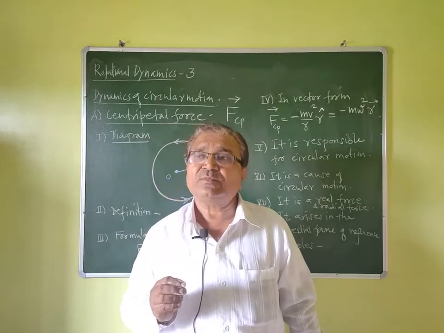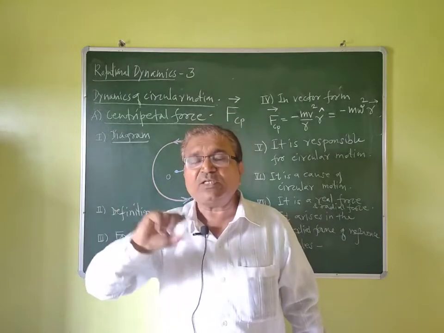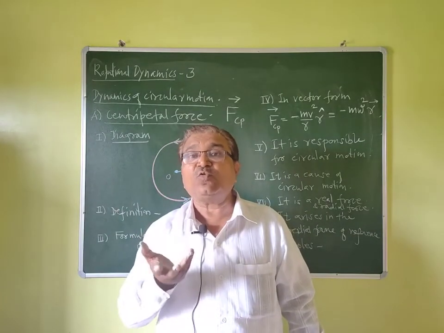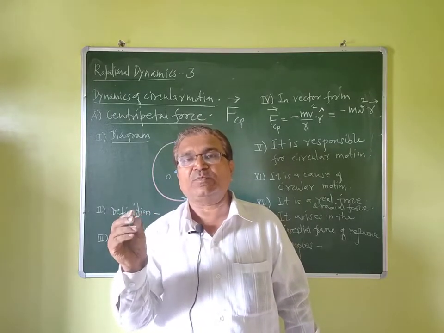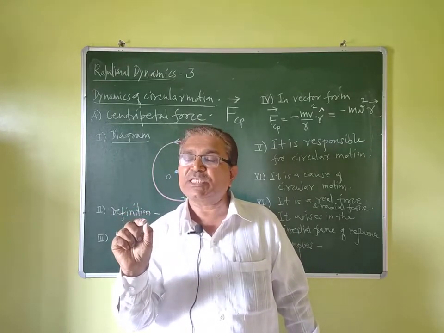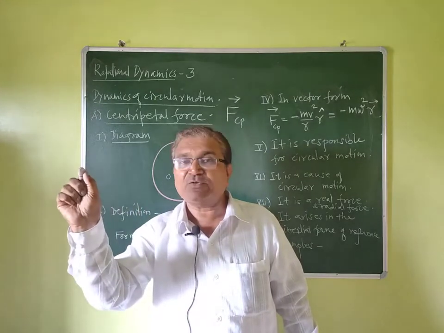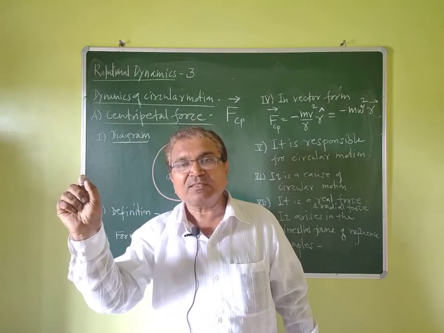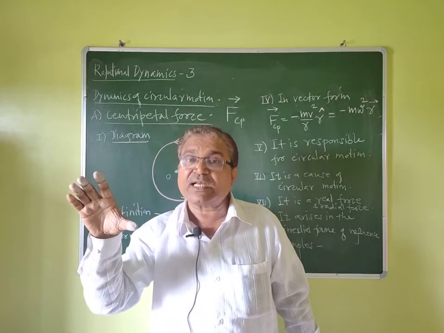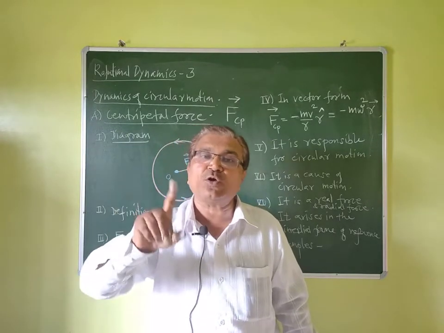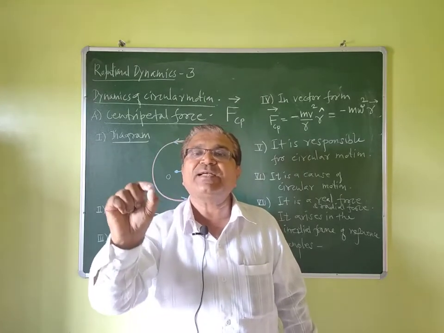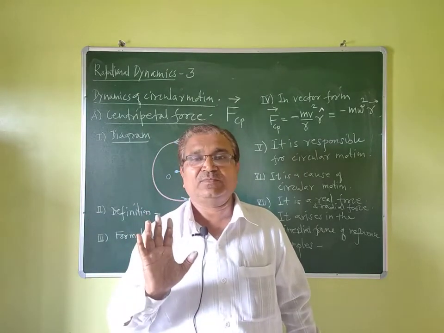In an atom, the electron is revolving around the nucleus due to the electrostatic force of attraction between the positively charged nucleus and negatively charged electrons. That electrostatic force of attraction acts as the centripetal force, dear student.